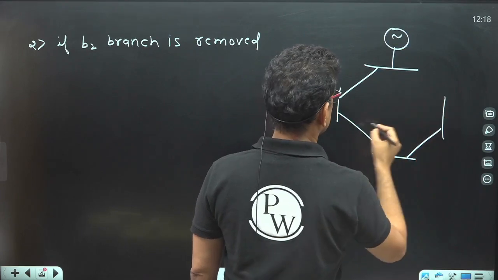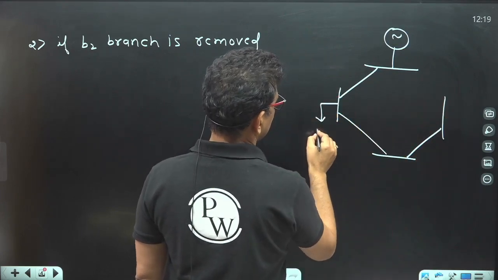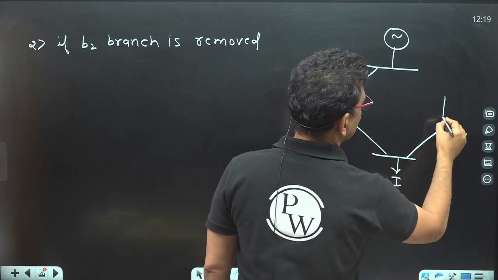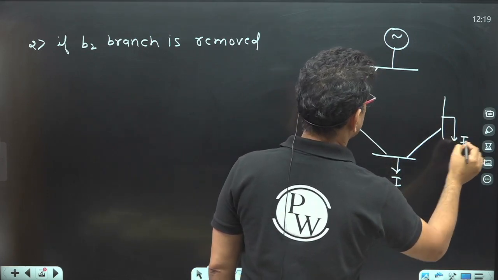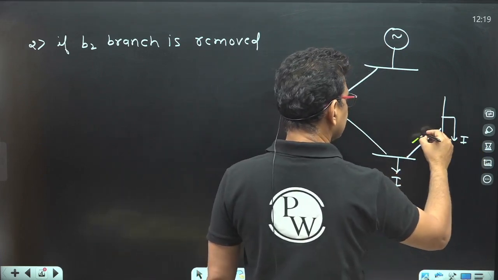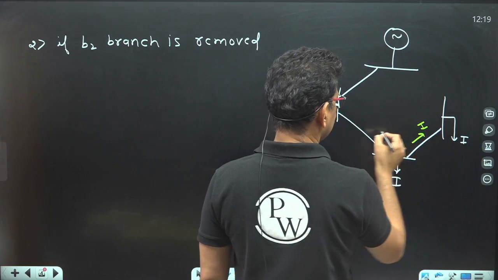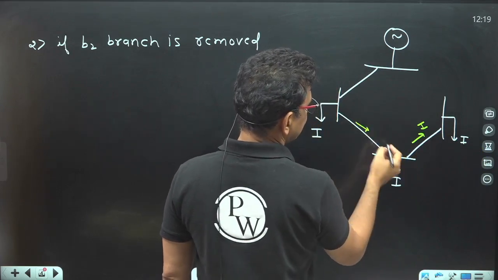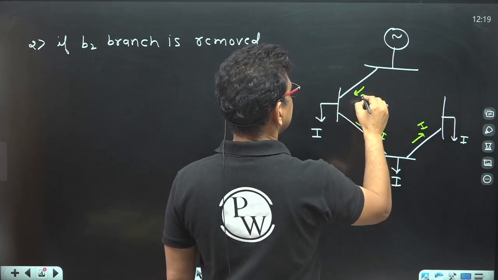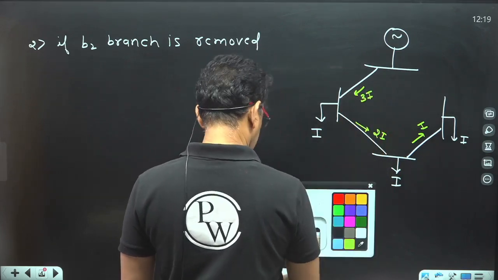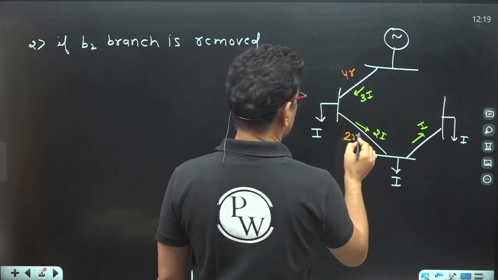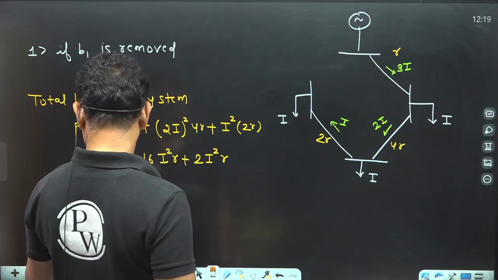B2 branch is not there. The current is I. If I apply Kirchhoff's current law, the current in this branch will be I, in this branch it becomes I plus I, which means 2I, and this branch becomes 2I plus I, 3I. And the values of resistance are 4R, 2R, 4R.